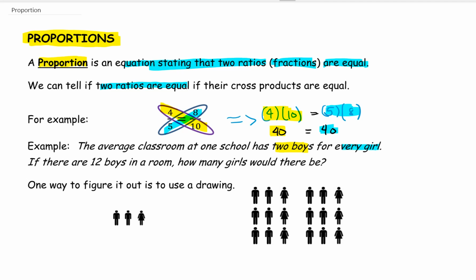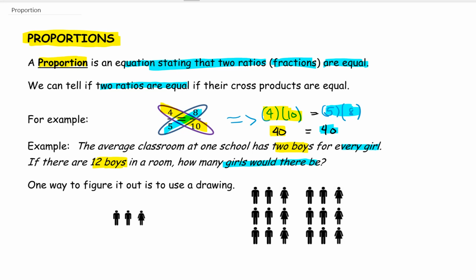So this particular question is asking us, if now you have 12 boys, how many girls would be there? Again, you can have this ratio, 2 boys for every girl. But the question is, if you have 12 boys, how many girls would there be?